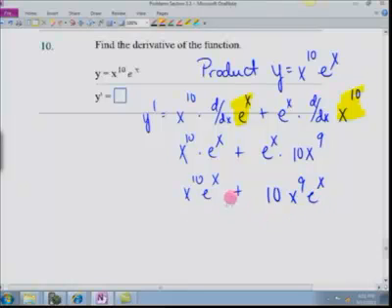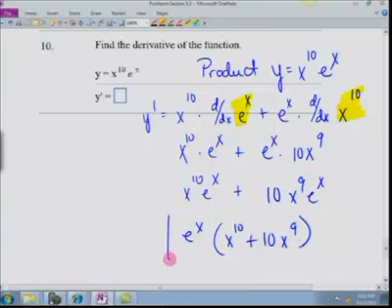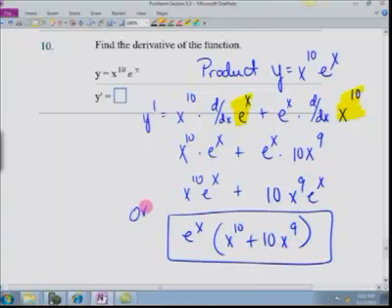E to the x. So you might see it like that. I don't know. They might accept that. I don't know on the homework. But either way would be good.